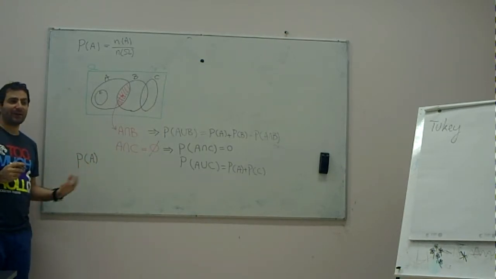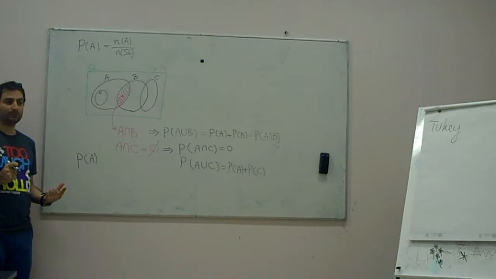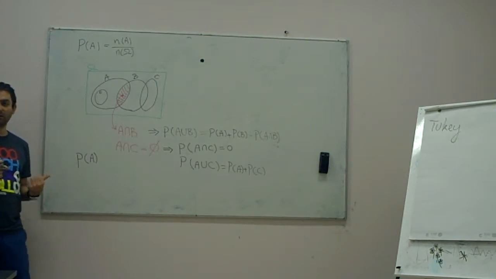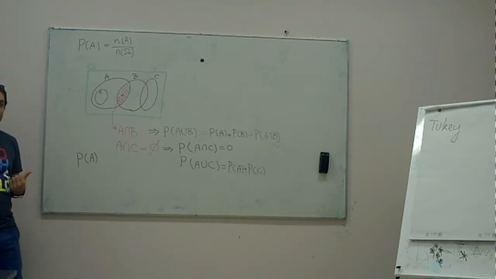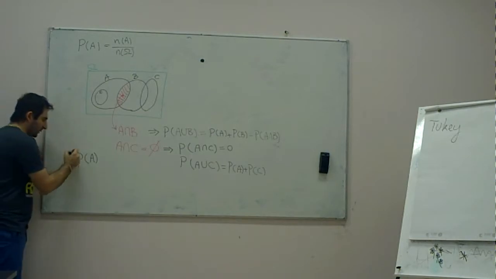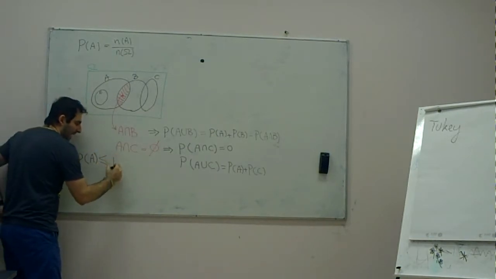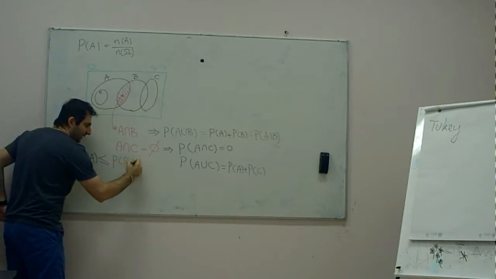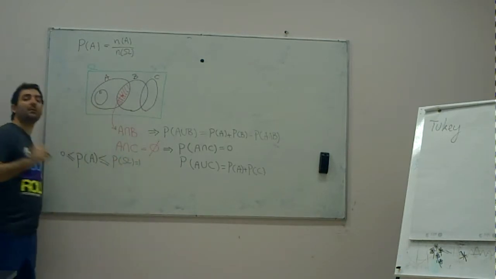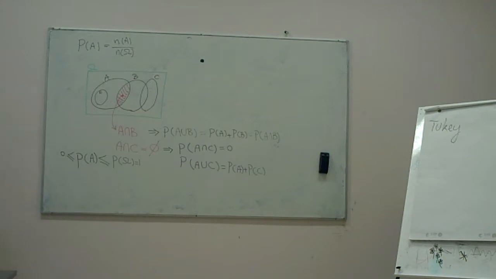What can we say about the value of the probability? We talked about it yesterday. Yes, it is always between 0 and the probability of omega, which is 1. It cannot be more than 1. It cannot be less than 0.